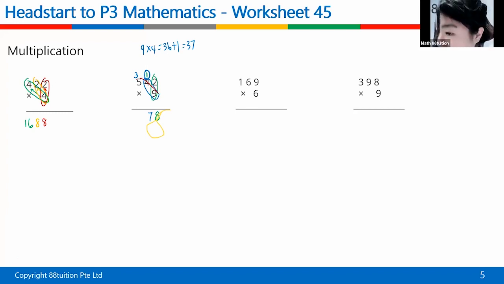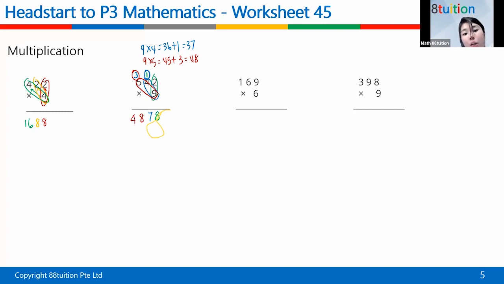Great. Can you tell me what's 9 times 5? 45. And add 3 equals 48. Very good. So 9 times 5 is 45. I need to remember to add 3 on top. I get 48. So it's 4878.